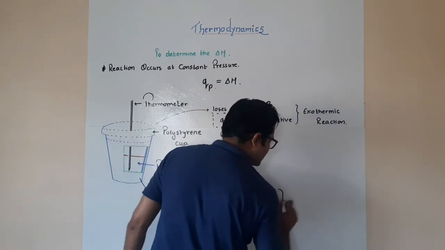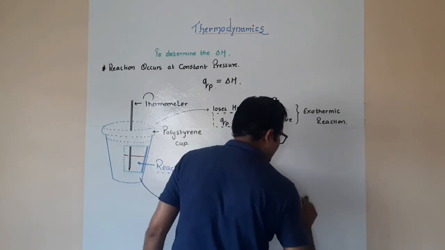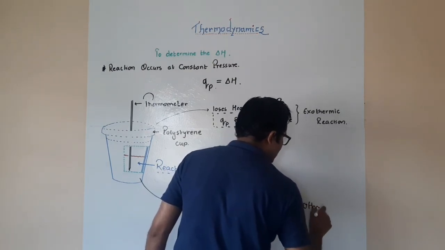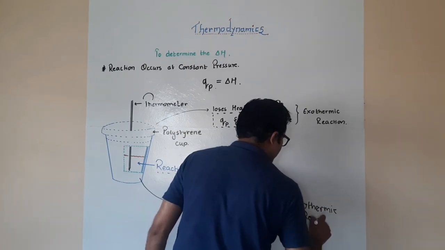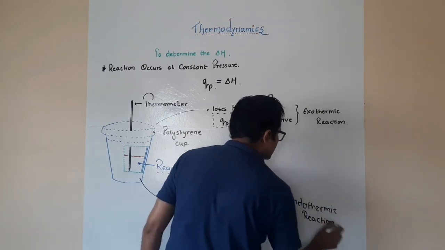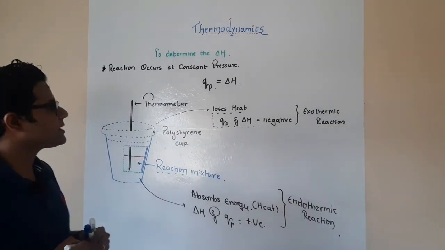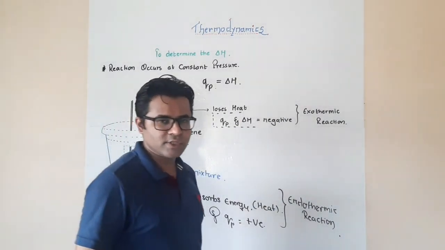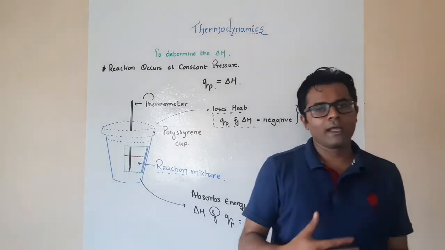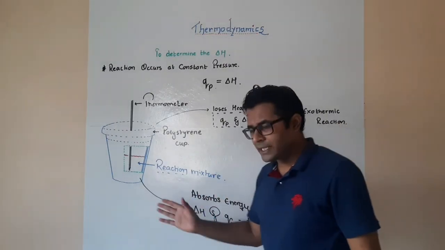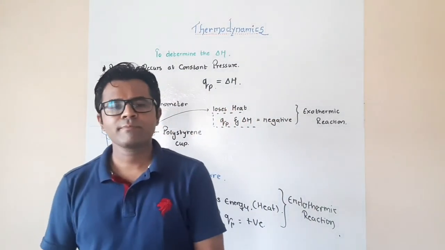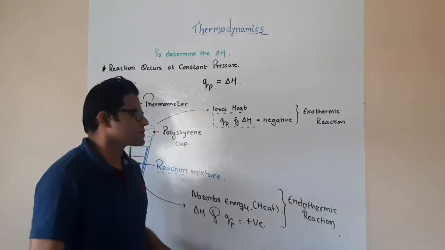These are the things occurring for endothermic reactions. So for an exothermic reaction, Qp and delta H are taken as negative, while for an endothermic reaction, Qp and delta H are positive. It's quite a simple process.